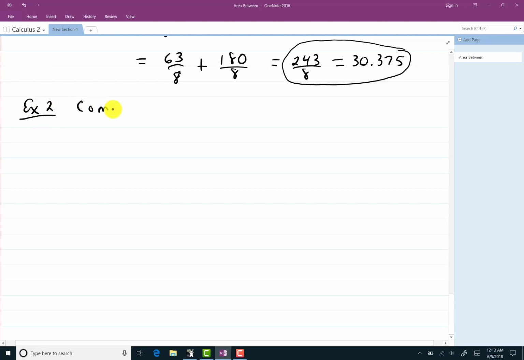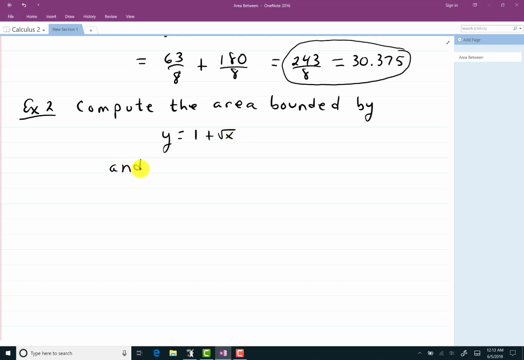Compute the area bounded by y equals 1 plus radical x and y equals 1 plus 1/3 x.